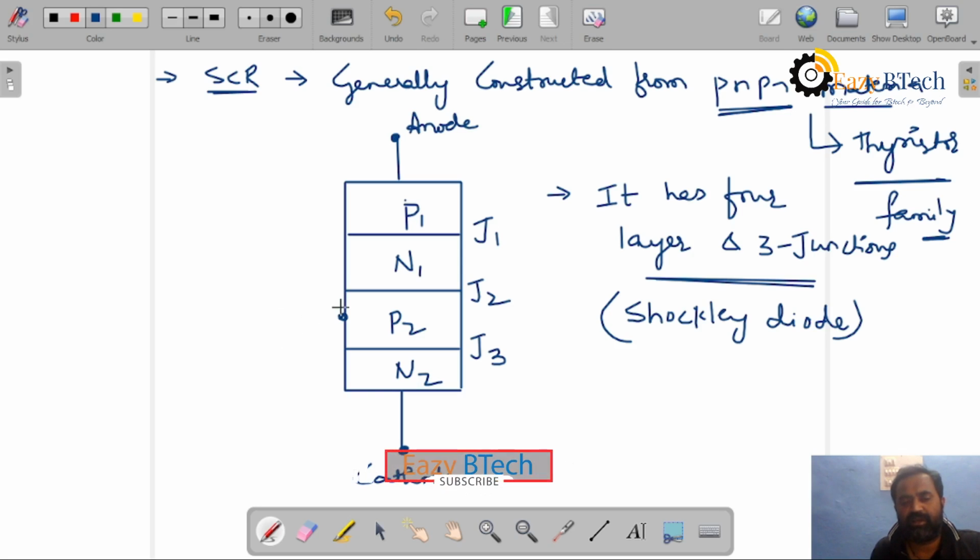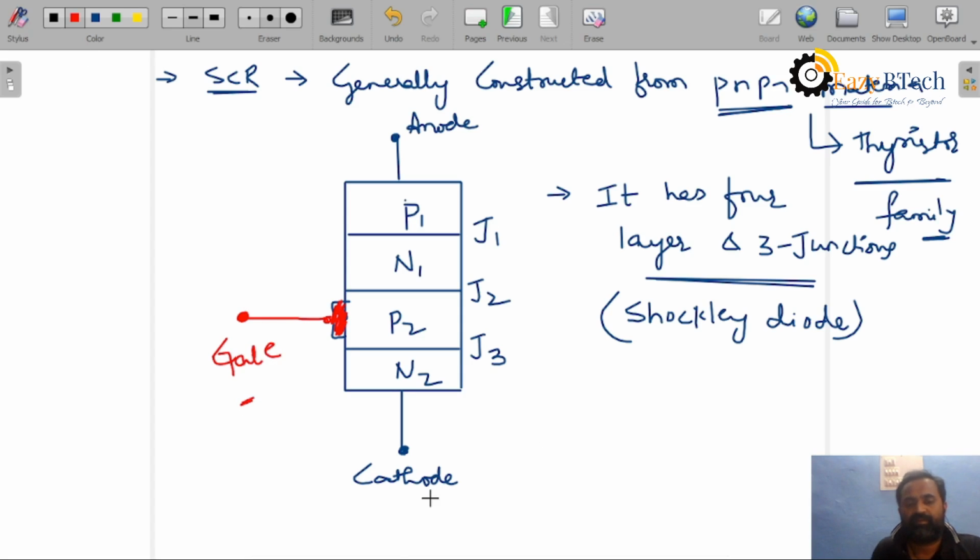This layer here is called the gate. This is the SCR construction. It has anode, cathode, and gate terminals.